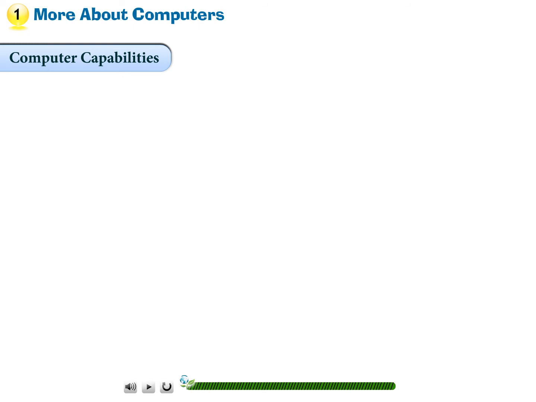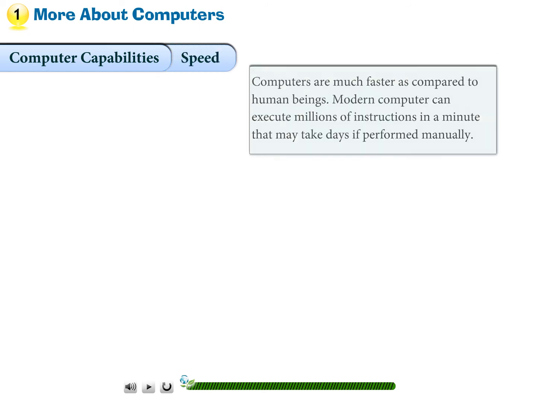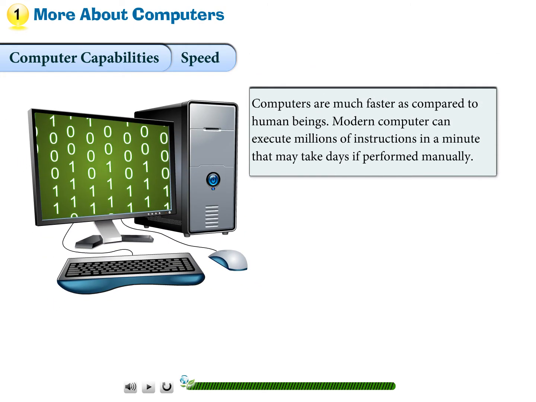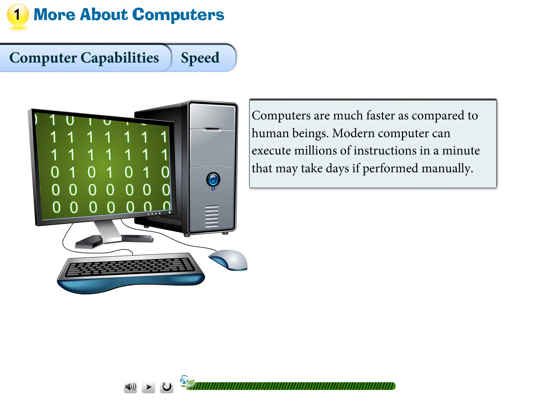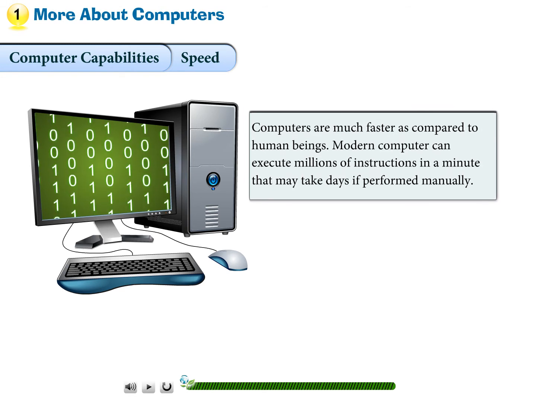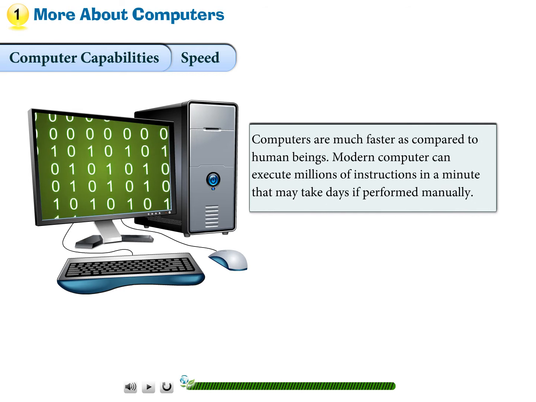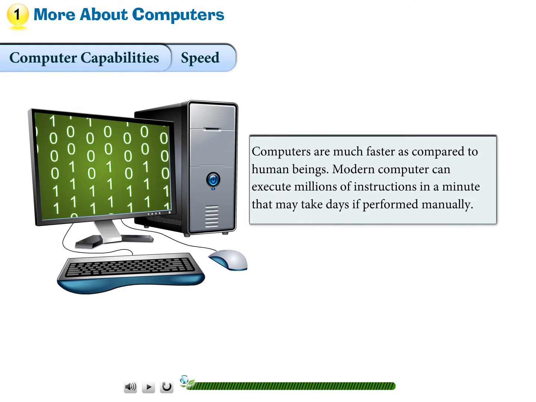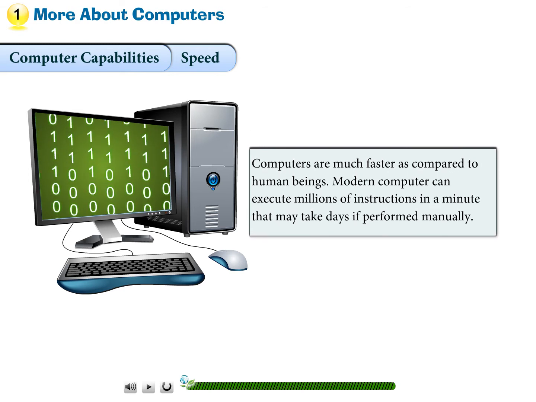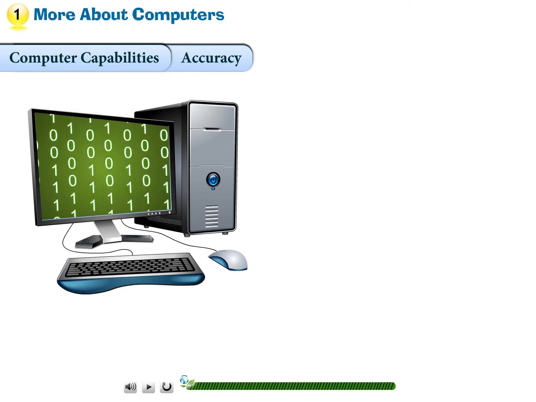Computer capabilities. Speed. Computers are much faster as compared to human beings. A modern computer can execute millions of instructions in a minute that may take days if performed manually. Accuracy.